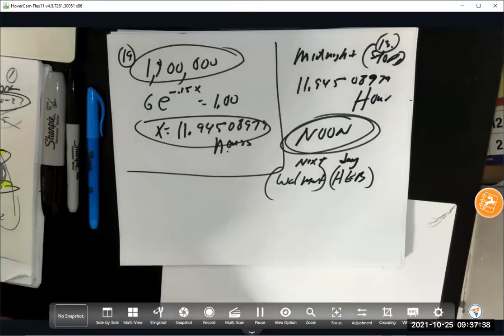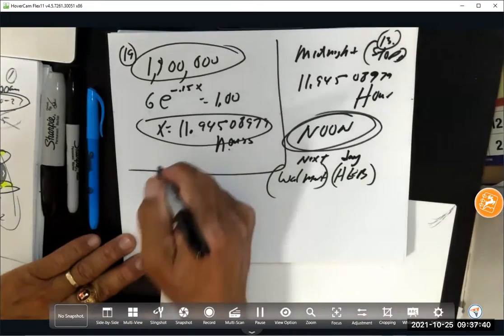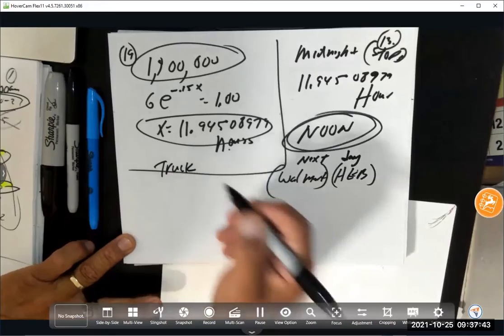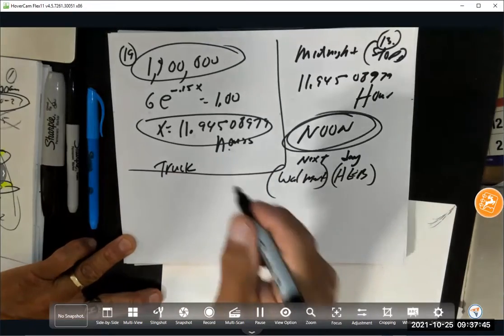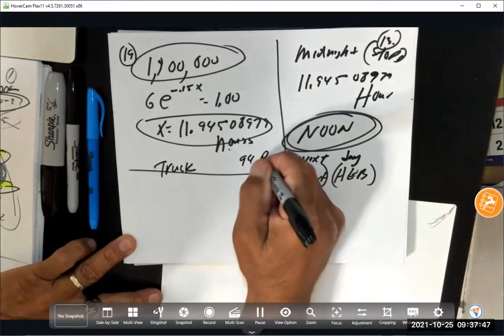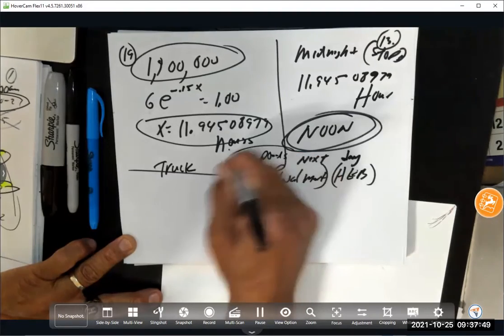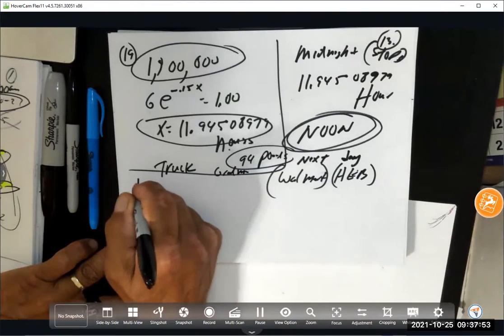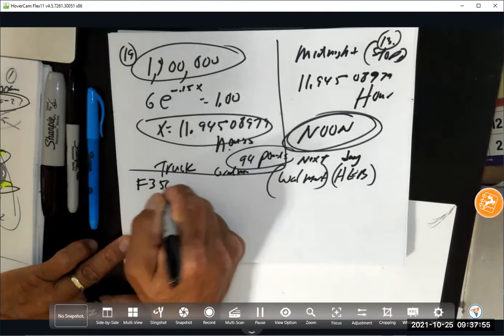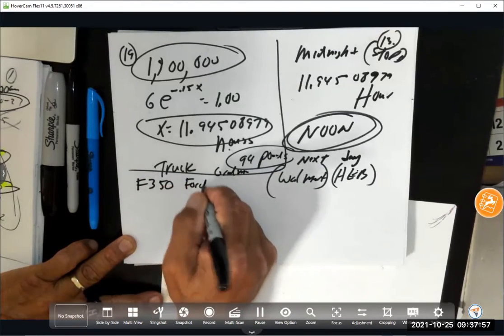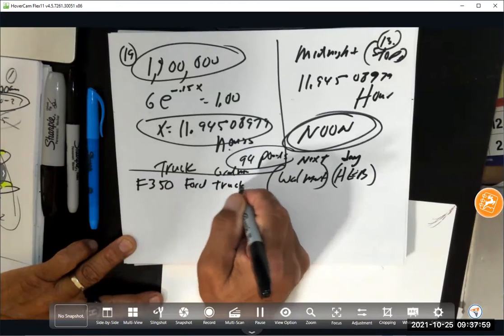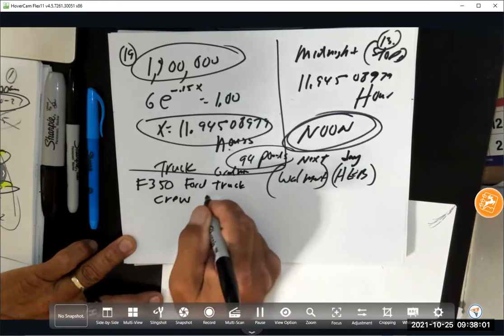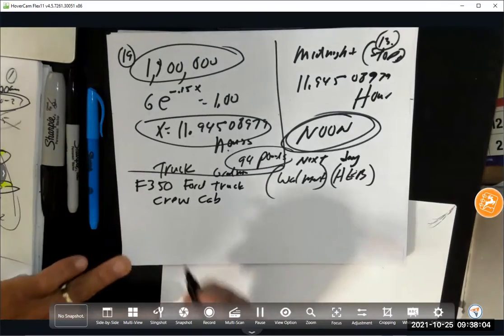Yes. Yeah. And what kind of truck does grandma drive? Okay, I'll tell you what she drives. She weighs 94 pounds. Okay, this is grandma, okay? And this is what she drives. She drives an F-350 Ford truck, crew cab, okay?